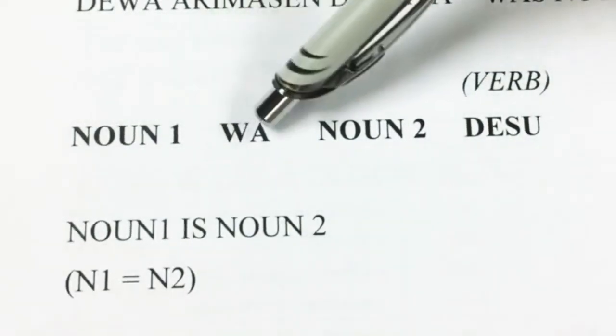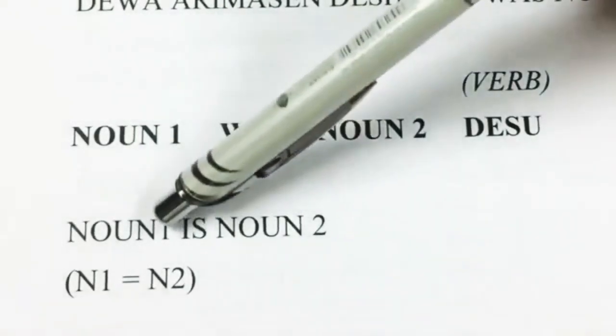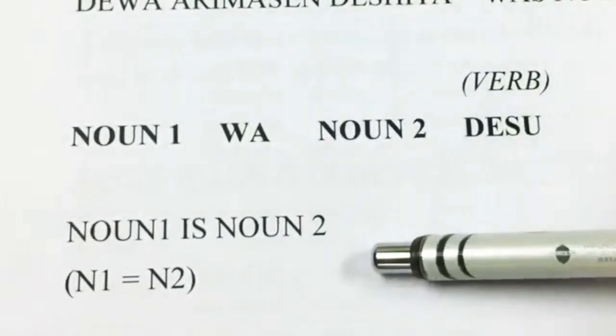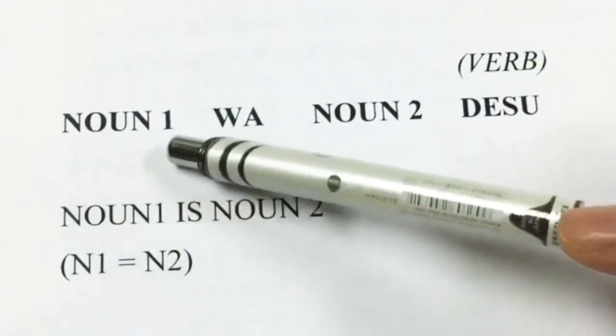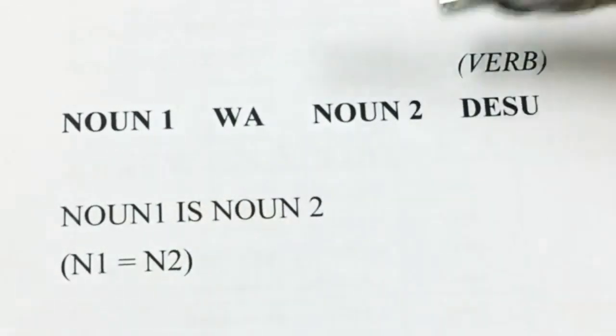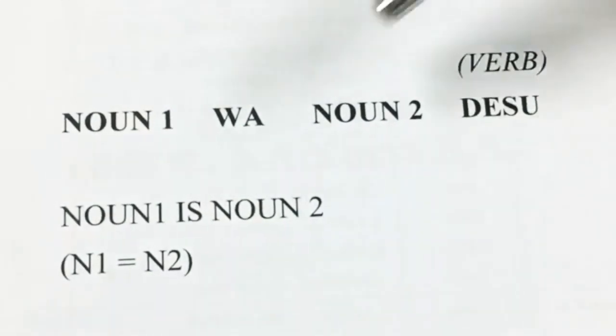Because noun number 1 wa, noun number 2 des means noun 1 is noun 2. I repeat myself again. Noun number 1, this one, is this noun number 2.